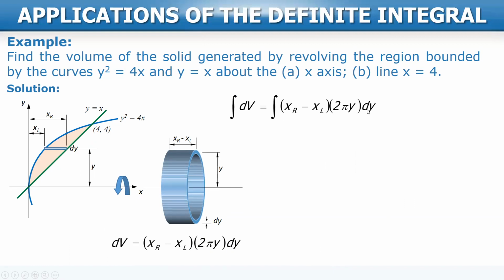So, since dy, we replace xr and xl in terms of y. So, our x right is the line. So, x is simply equal to y. So, we'll just replace this one by y. And x sub l is the parabola, blue. How do you solve for x? It's y squared over 4.